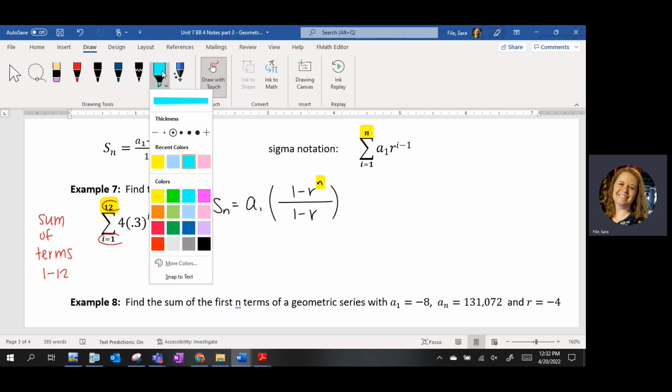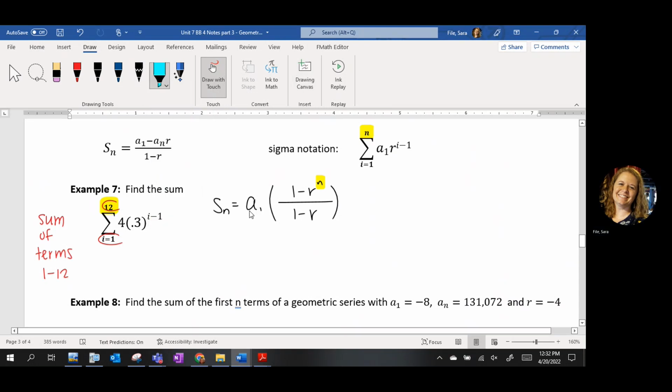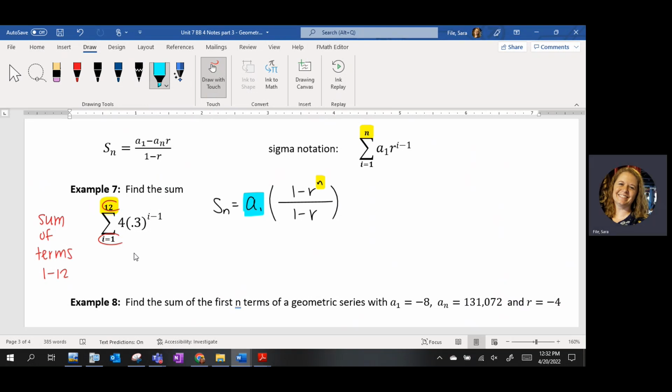What is the first term of this sequence? How did you know it was 4? Yeah, the first term is that coefficient in front of r. The number being raised to the power, that's r. The number being multiplied by that, that's the first term. You could also, if you forget that, plug in a 1 to get the first term: 1 minus 1 is 0.